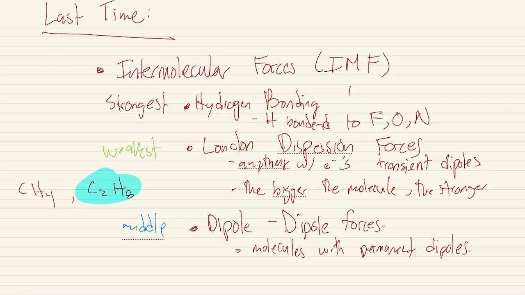That means they have a permanent dipole and there's a permanent imbalance of charge. And so what's another way of phrasing a molecule with a permanent dipole? How else could we classify that molecule? It would be a polar molecule, right? So this is just another way of saying polar molecules have dipole-dipole forces, right? So those are just polar molecules.